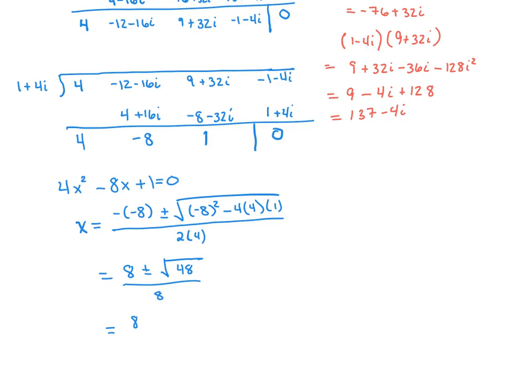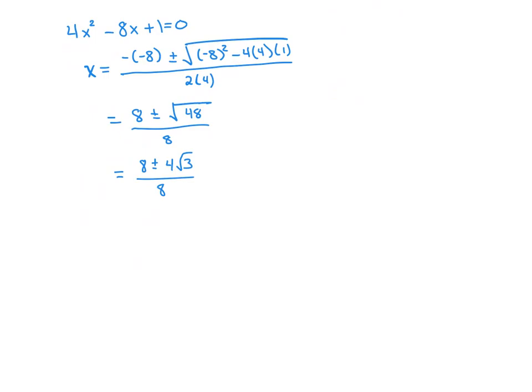Now 48 is 4 square roots of 3. And so we can factor out a 4. And so we get 2 plus or minus the square root of 3 over 2.